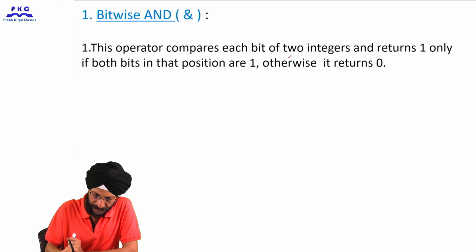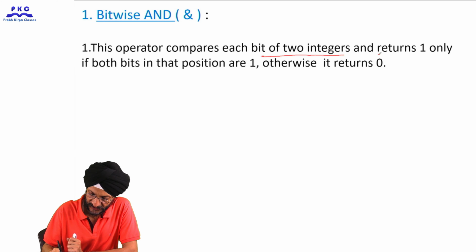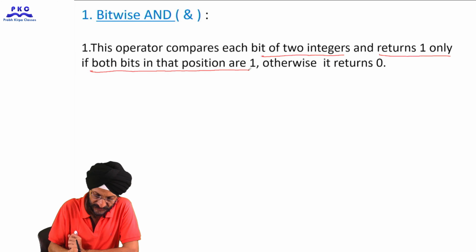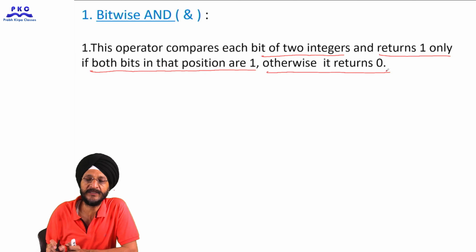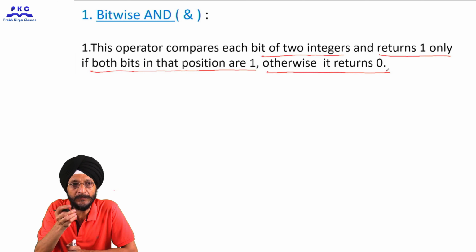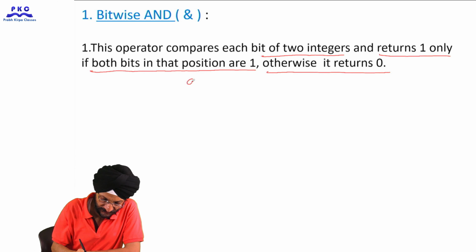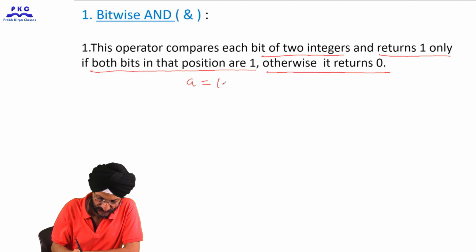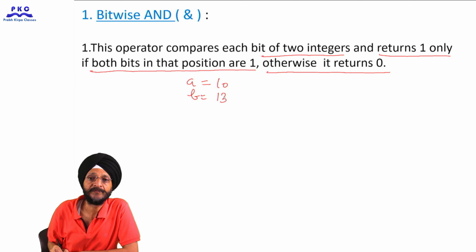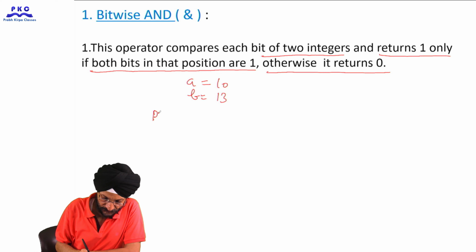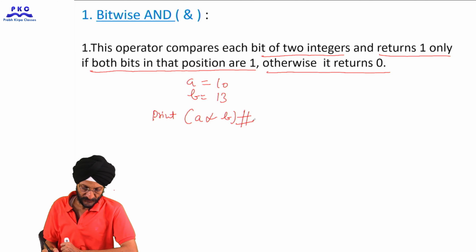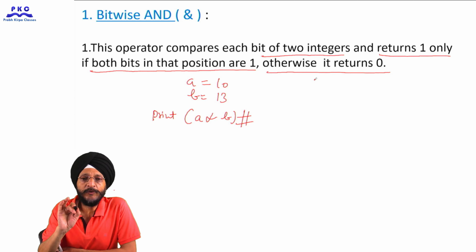This operator compares each bit of two integers and returns 1 only if both the bits in that position are 1, otherwise it returns 0. Now let us understand what it means. Suppose we have a variable a and its value is 10. We have another variable b and its value is 13. Now we use the bitwise AND operator and let us see what the output is.